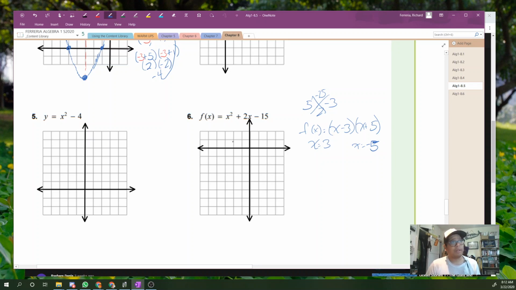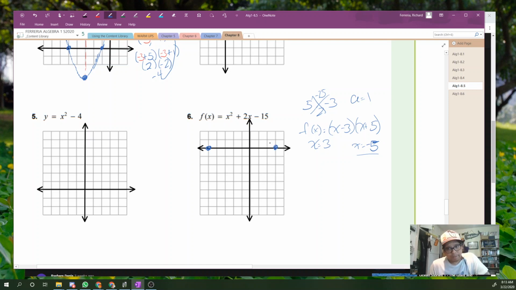I see a equals 1, which means I should, no, let's leave it. We're fine. Let's graph the roots as x-intercepts, the zeros. You got x equals negative 5, 1, 2, 3, 4, 5. Here's x equals negative 5. We got x equals 3, 1, 2, 3.